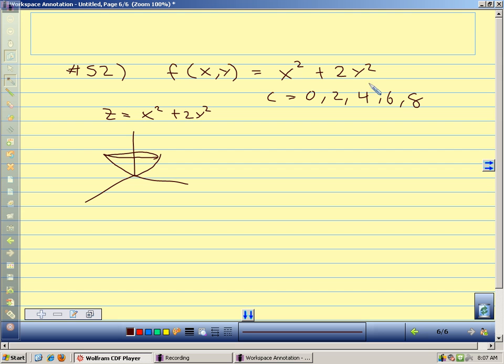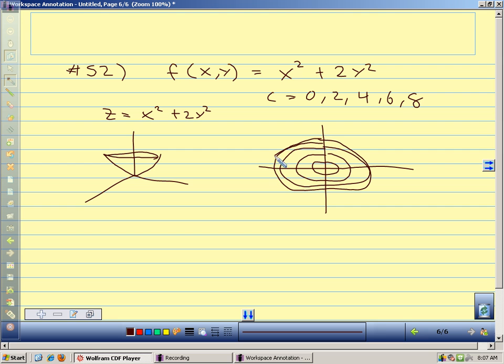So if we were to plot this, just thinking intuitively, I'm not going to plug in numbers, but if we did this on the xy plane, our level curves would look something like this. And then as we go out, they're going to get closer together because our function gets steeper.